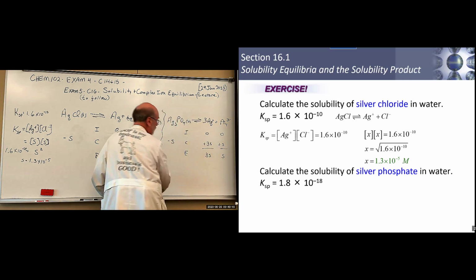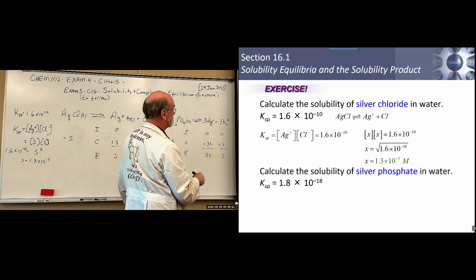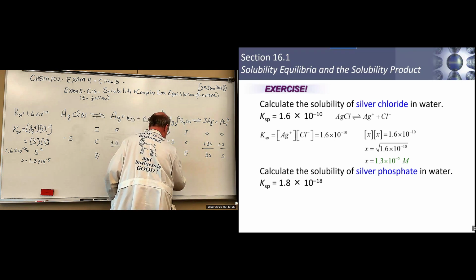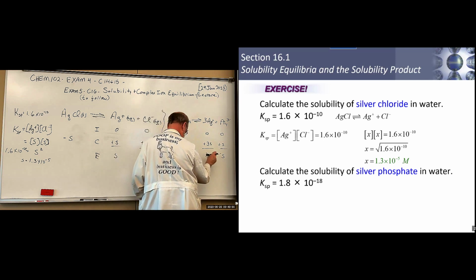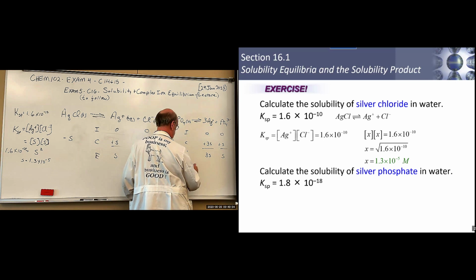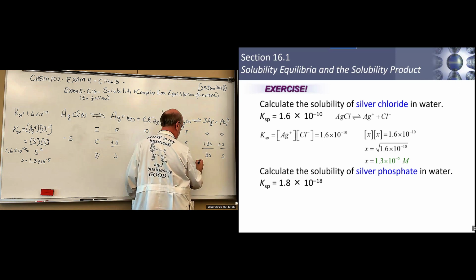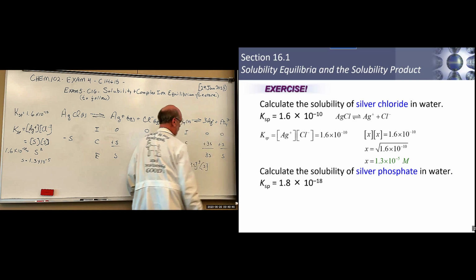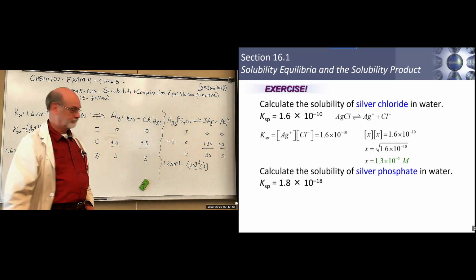So if we set up our equilibrium here, we know that 1.8 times 10 to the minus 18 is equal to 3S to the 3rd power times S to the 1st power. Okay.